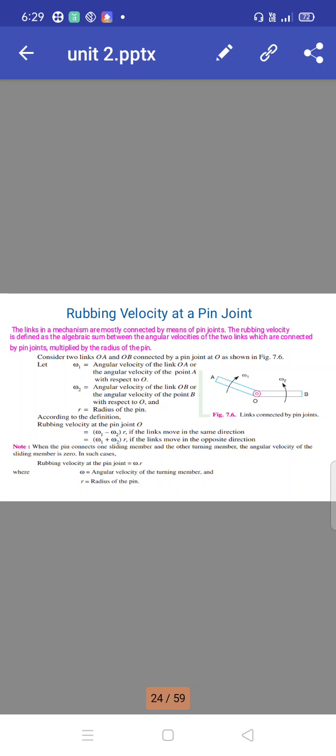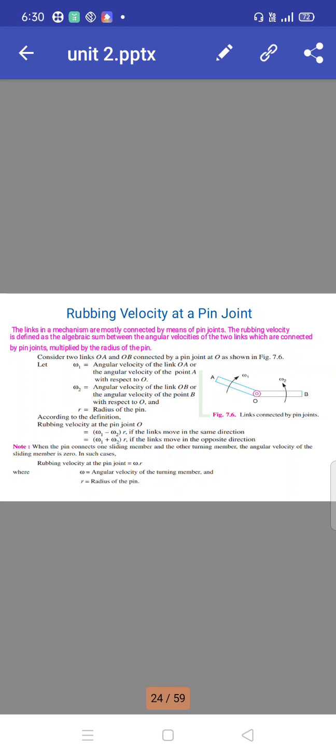Consider two links OA and OB connected by a pin joint at O. Omega 1 is the angular velocity of the link OA, or the angular velocity of point A with respect to O. Omega 2 is the angular velocity of the link OB, or the angular velocity of point B with respect to O, and R is the radius of the pin.